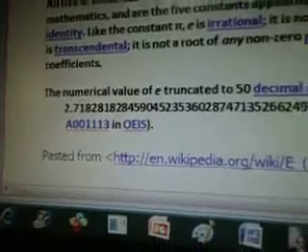The numerical value of E truncated to 50 decimal places is... See how long that number is? That's the value of it. It's way bigger than pi. Sequence A001113 in OEIS. I never Googled the OEIS. Okay, something's telling me to look at this just for a second and see what it is.